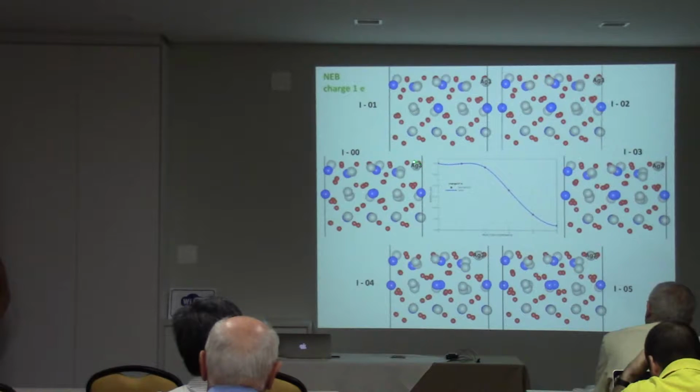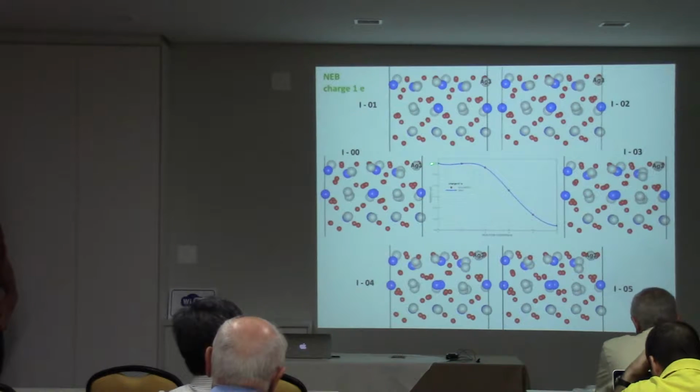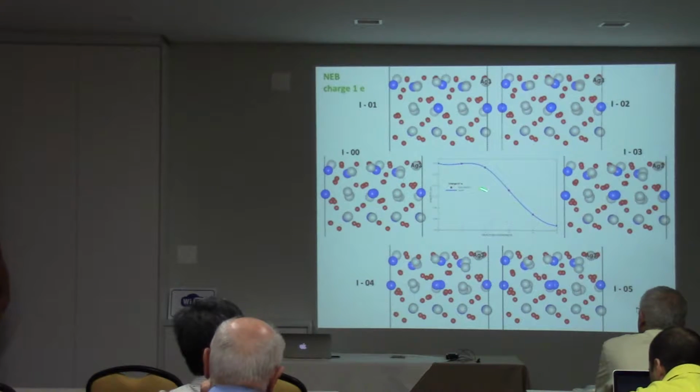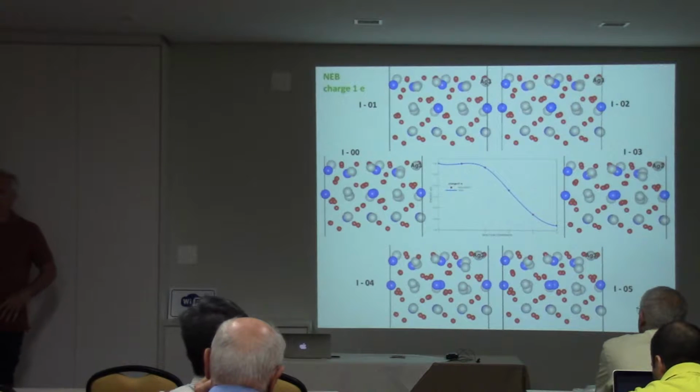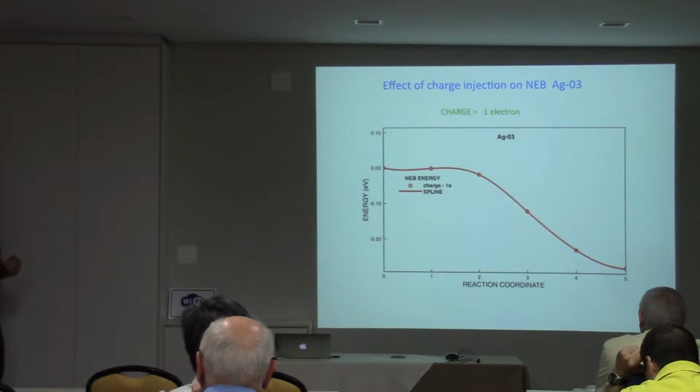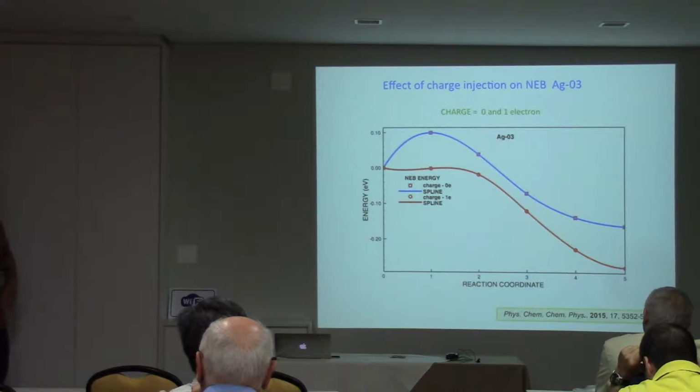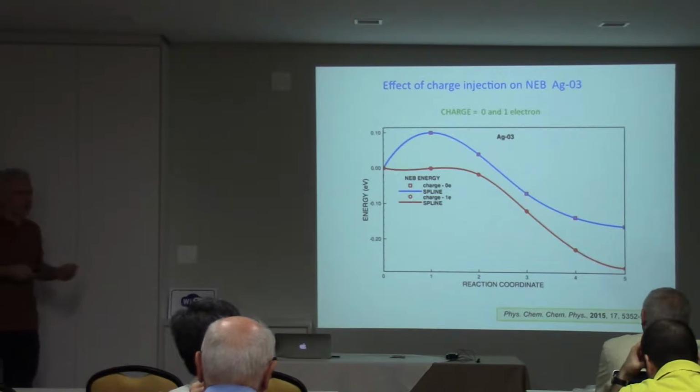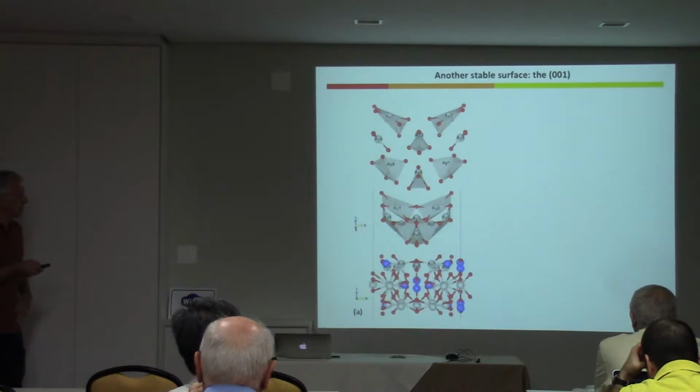So we find that the silver atom just will follow this reaction coordinate with no energy cost. So if we compare both situations, the small barrier can be even reduced by the effect of the electron in the system.